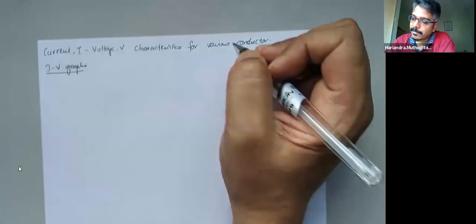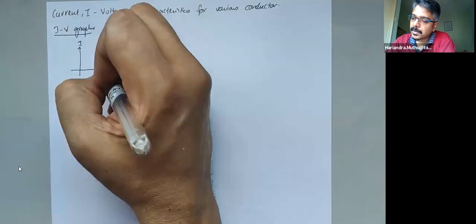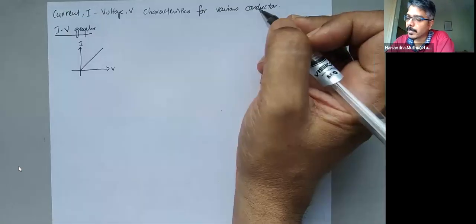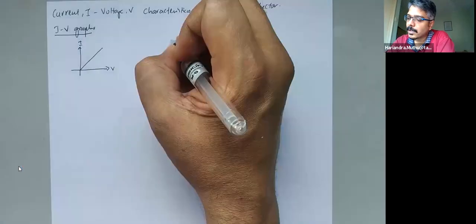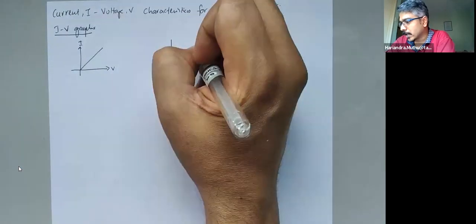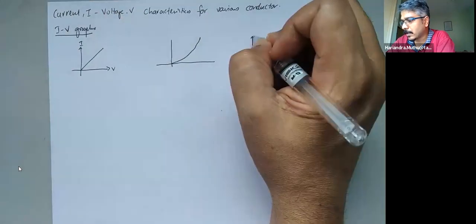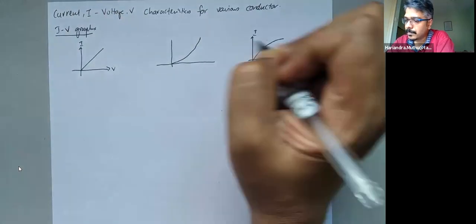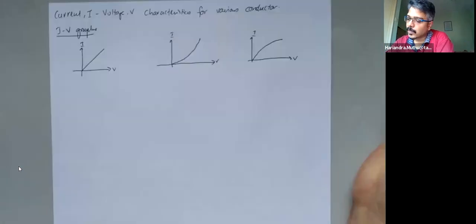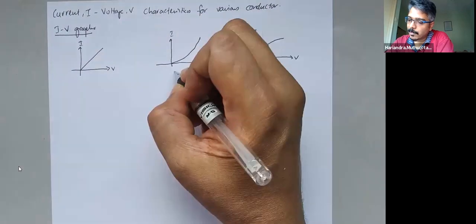So if you have a typical metallic conductor which obeys Ohm's law, we know that it's a straight line. But what if you have, for example, a graph which looks like this, I versus V.